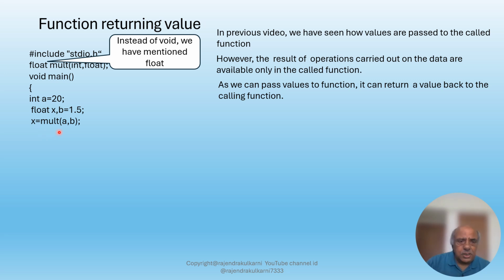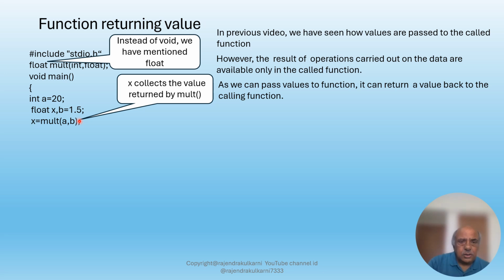In this function mult, we are passing two values, one of int a variable and another of float b variable. So the x we have used to collect the values returned by the function mult. Then there is a printf. It will display the value returned by the function on our monitor screen through this printf statement.